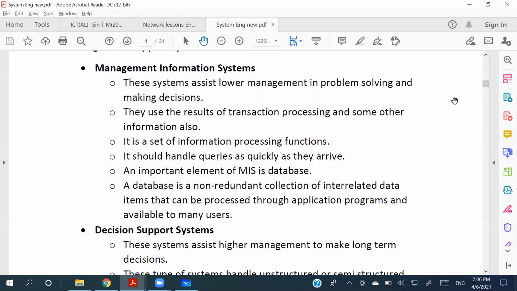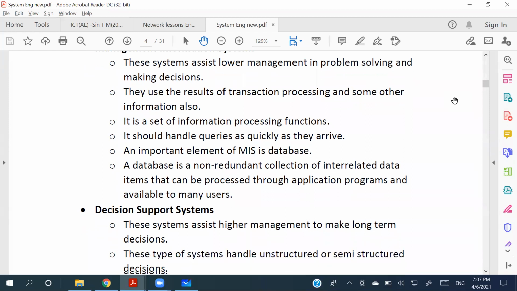Just by doing the correct query, MIS will give you a detailed report regarding that particular employee, which will help in making decisions regarding his or her promotion. So remember, for an MIS, the database is the critical part.